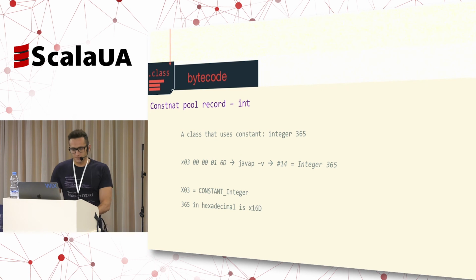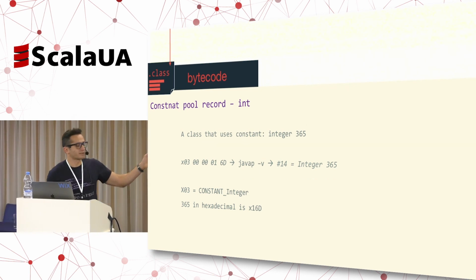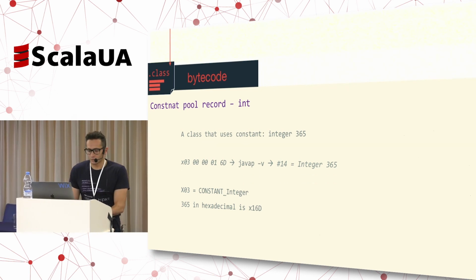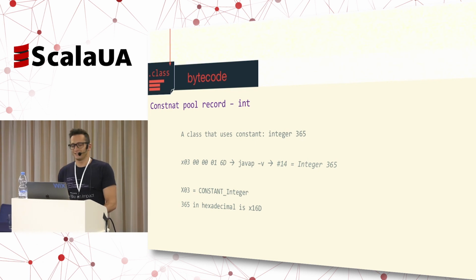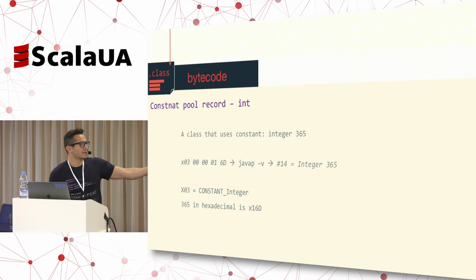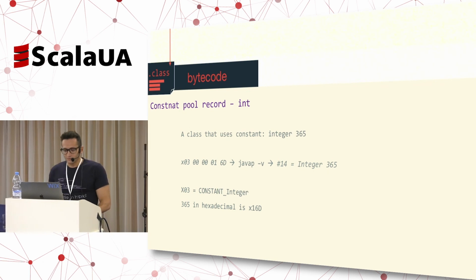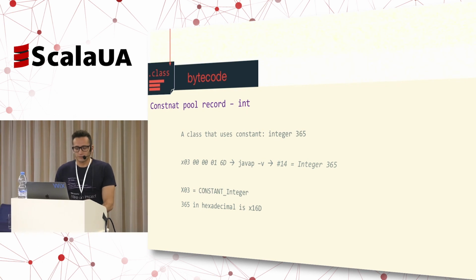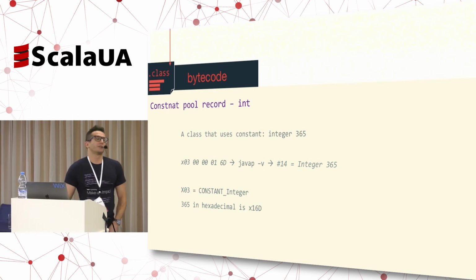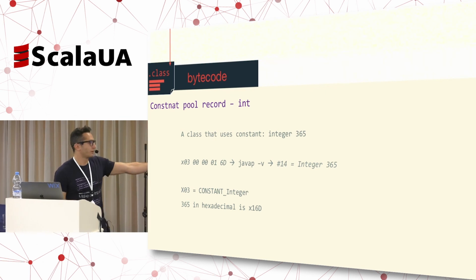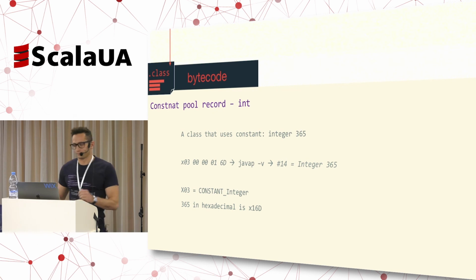And it does that because the first value, byte 0x3, is actually equal to a constant in the JVM called CONSTANT_Integer. That's why it is interpreted as an integer. This informs the linker that the next 4 bytes will contain the value of the integer. That means if we transform 365 into its hexadecimal representation, it will be equal to 0x16d.